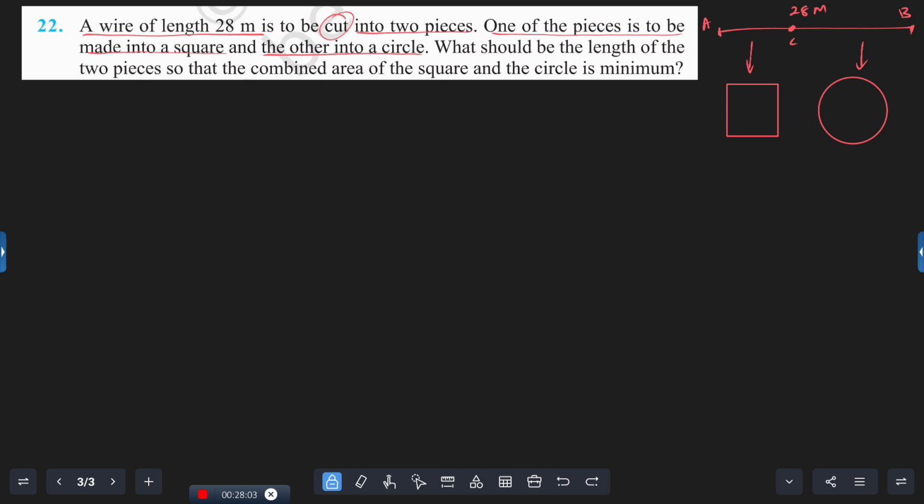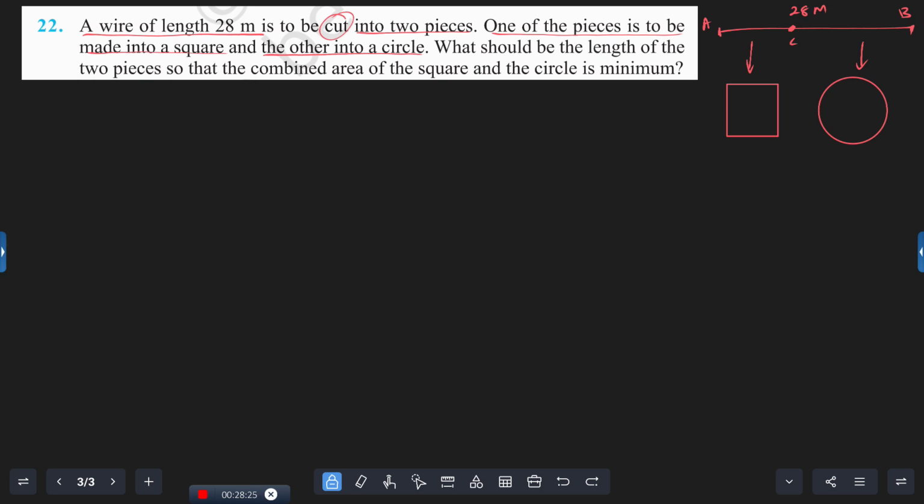There is a wire AB, and the AB wire is cut into 2 pieces. One is the AC length, another is the BC length. But still we don't know the AC length and BC length. The AC length wire made into a square shape, and the BC length wire made into a circle.